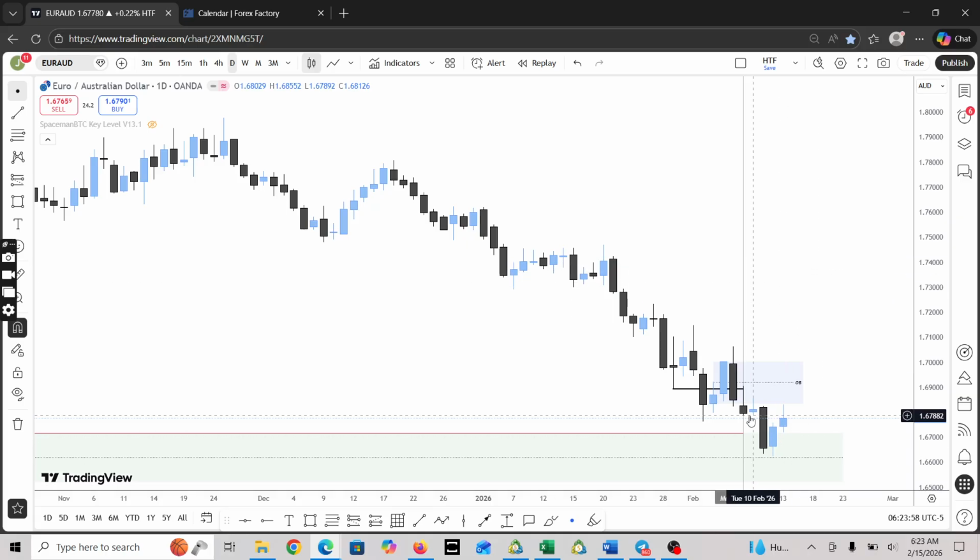All right, so this is Tuesday, this is Monday close, this is Tuesday. Tuesday traced into the other block, and then this is when I took the trade. On Wednesday, you see the expansion, and that was it.